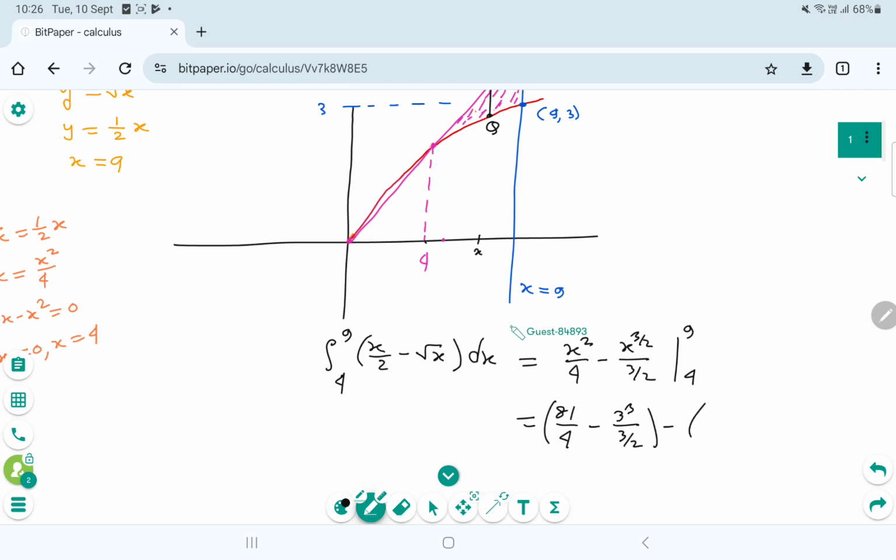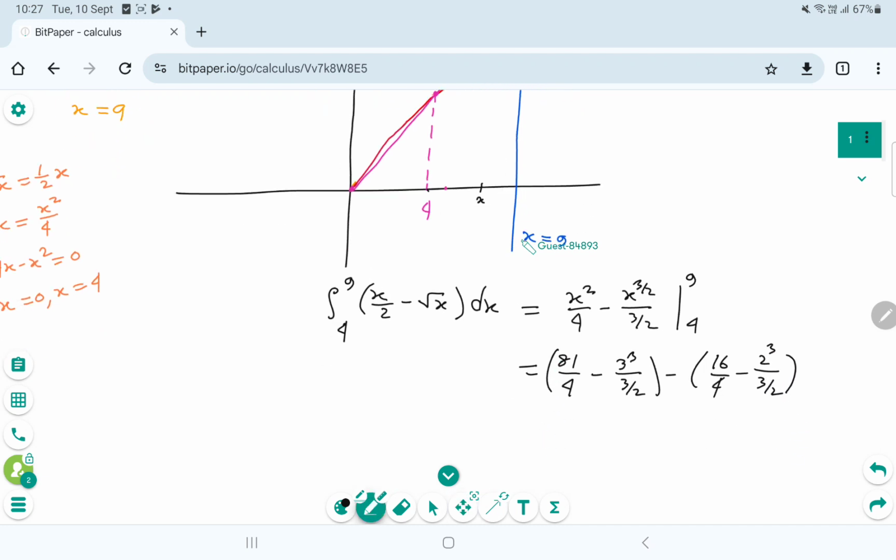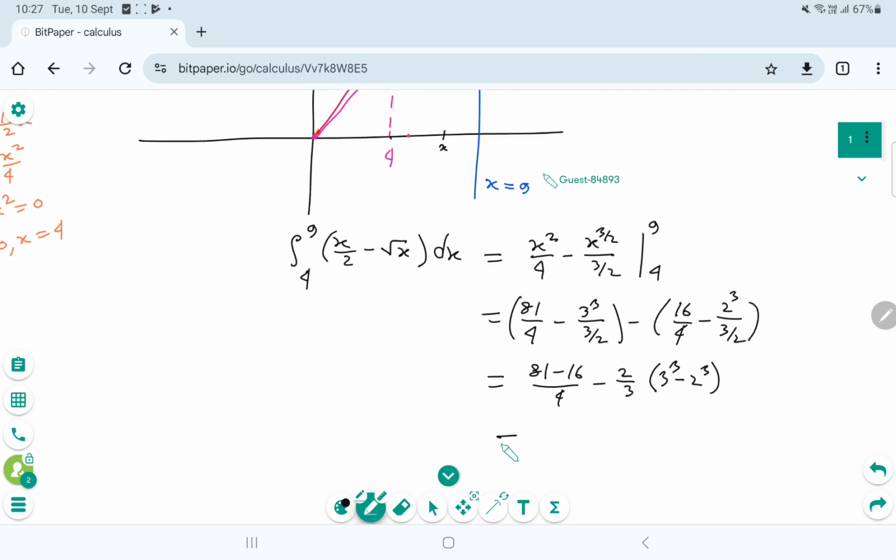This expression minus 16 over 4 minus 2 cubed over 3/2, right? 81 minus 16 over 4, minus 2 over 3 I factor out, then 3 cubed minus 2 cubed, right? Calculation is fine so far.